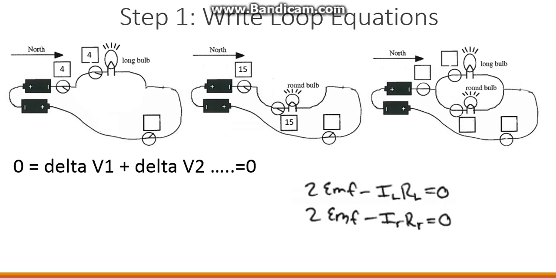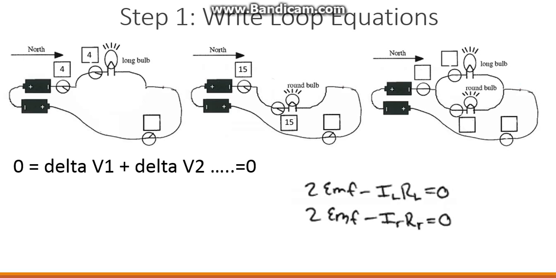So the first step in solving this problem is that we're going to write the loop equations. The first two loop equations I have here are for when the long bulb is alone with the 2 batteries, and for when the round bulb is alone with the 2 batteries. And the final is when both the long bulb and the round bulb are screwed in.